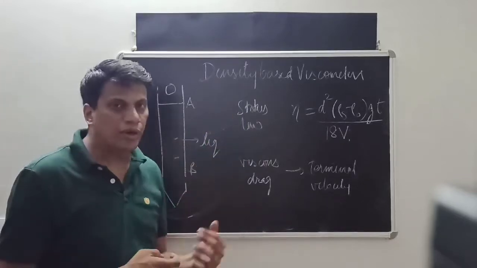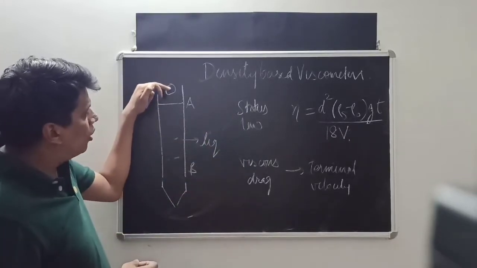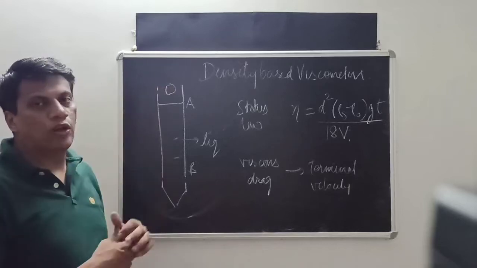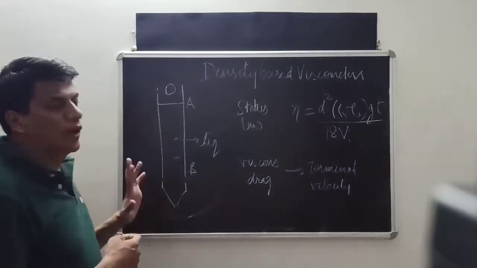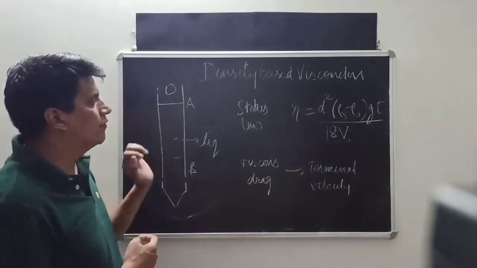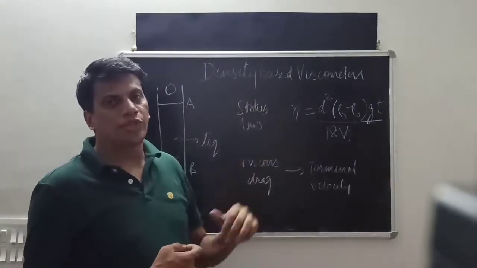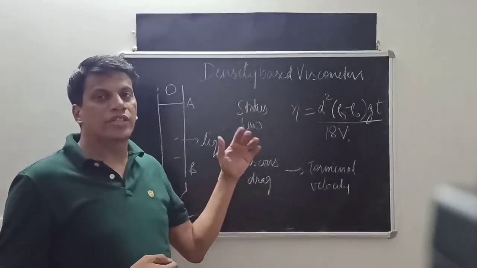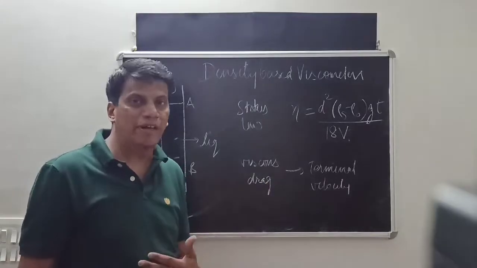Now the theoretical part: when a ball or sphere is allowed to fall freely under the influence of the liquid, Stokes' law comes into play. Stokes' law is the law which usually governs the rate of sedimentation.